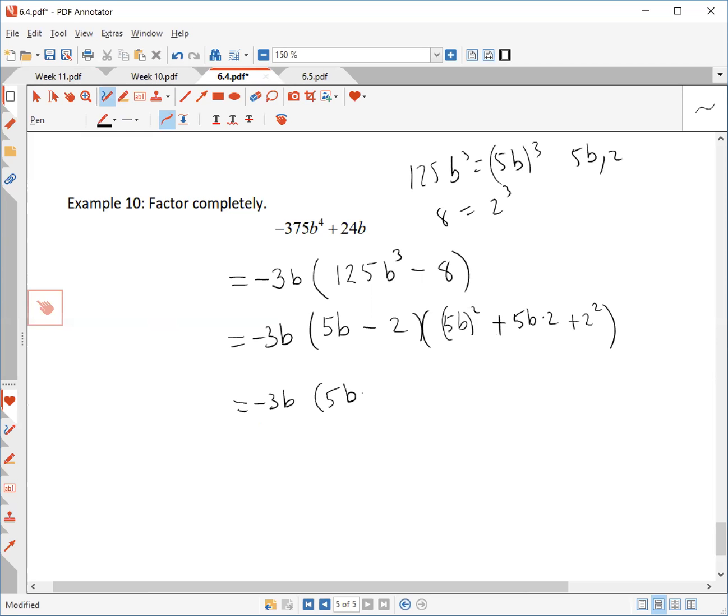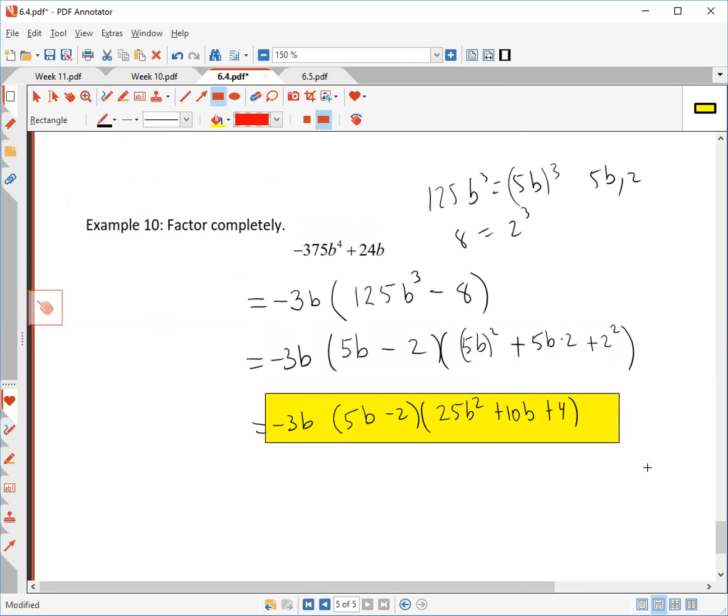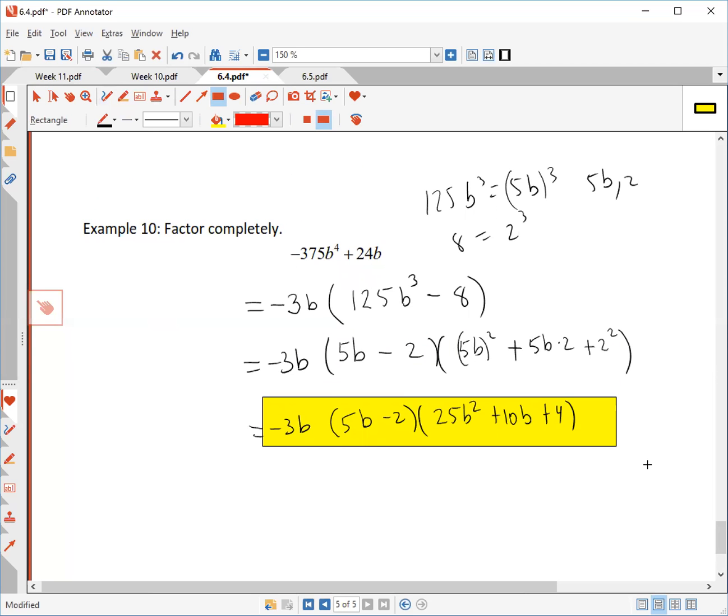So we have 5b minus 2, 25b squared, 10b plus 4. All right, that's your difference and sum of cubes. Not the easiest factoring strategy, but at least it's a formula.